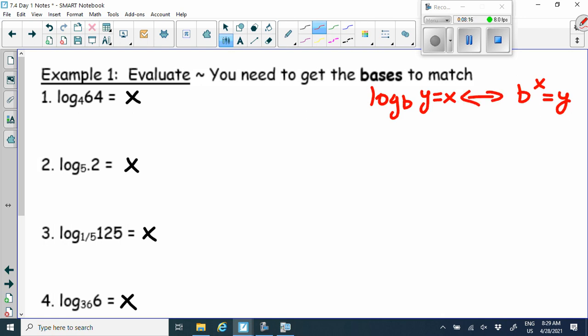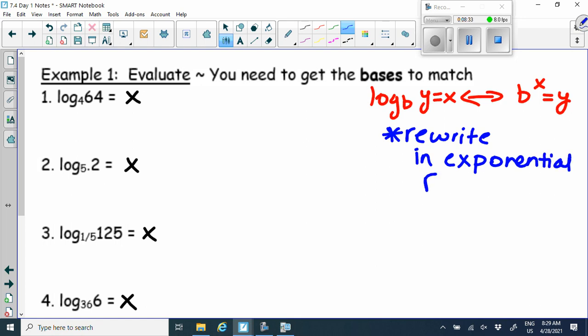With log base 4 of 64 equals x, let's go ahead and rewrite that in exponential form. We're trying to figure out what x equals.